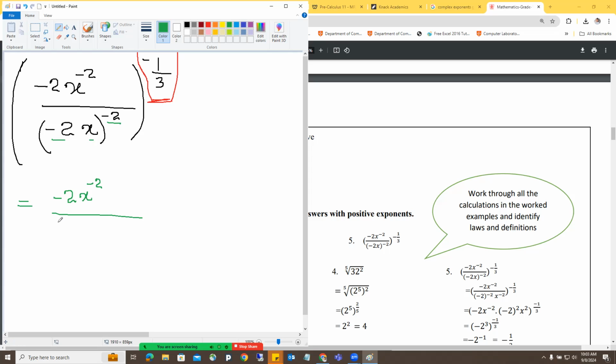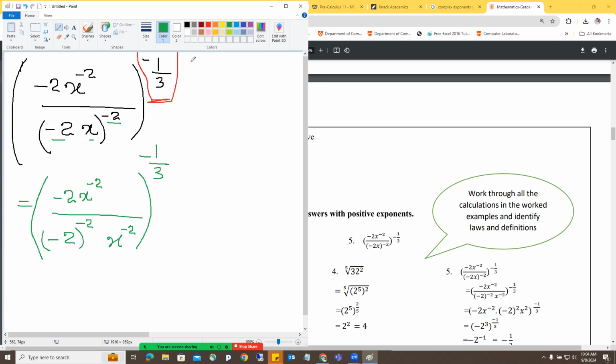So we can write minus 2 to the power of minus 2, and for this x also we have another minus 2. Is it clear? For the whole thing, we have minus 1 over third. Now what can we do?